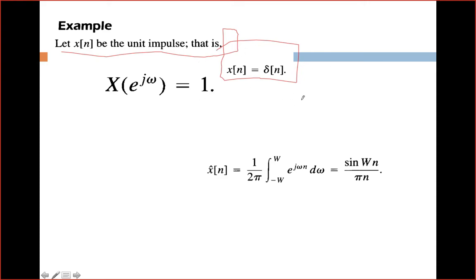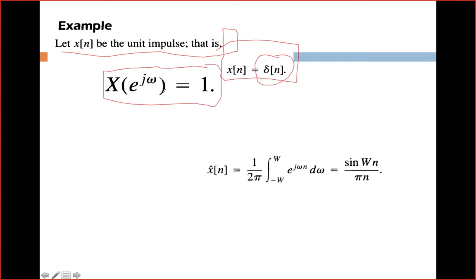So you have to write the formula and substitute the value of x of n in the formula. The important thing is del of n is defined only at one time, when n is equal to 0. The rest is equal to 0. Hence the entire equation reduces to 1, defined only when n is equal to 0.